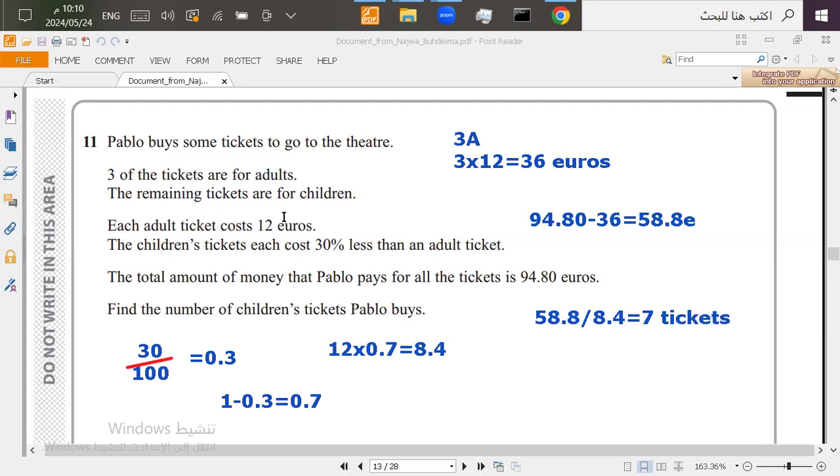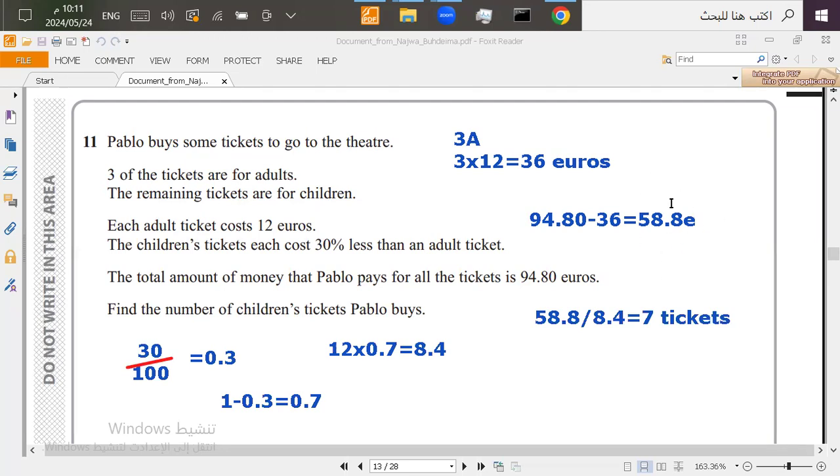From the beginning, these kinds of questions are a little bit tricky because they are like a riddle, and you're trying to find out what's going on by trying to solve each problem alone. So as I said, 3 adult tickets, and each one of them costs 12 euros. So all of them cost 36 euros. And he paid this amount of money for all of the tickets. And then I subtracted these to find out the cost of the children's tickets.